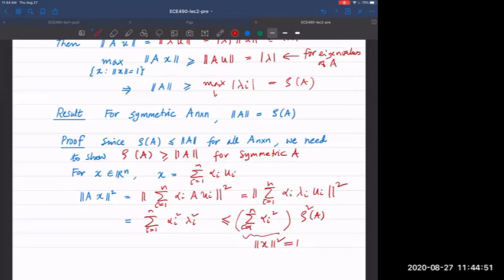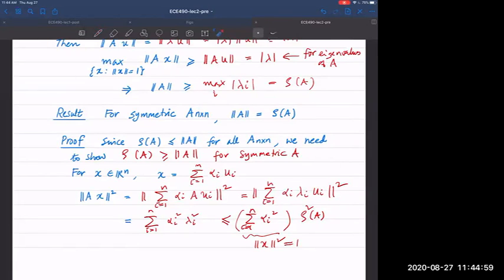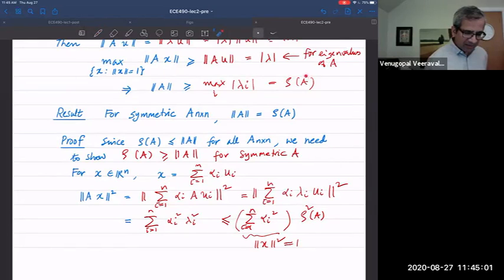Yeah. That's because the maximum value that lambda_i takes is defined to be the spectral radius, right? And so if I replace this by the maximum value, it goes outside the summation and becomes the spectral radius squared. And then all I'm left with inside is just alpha_i squared.